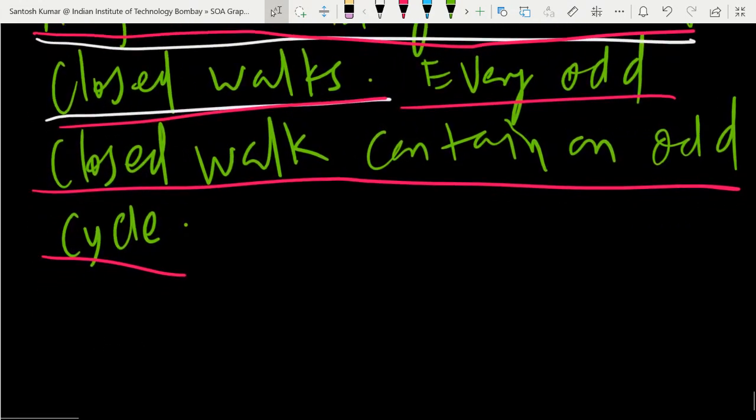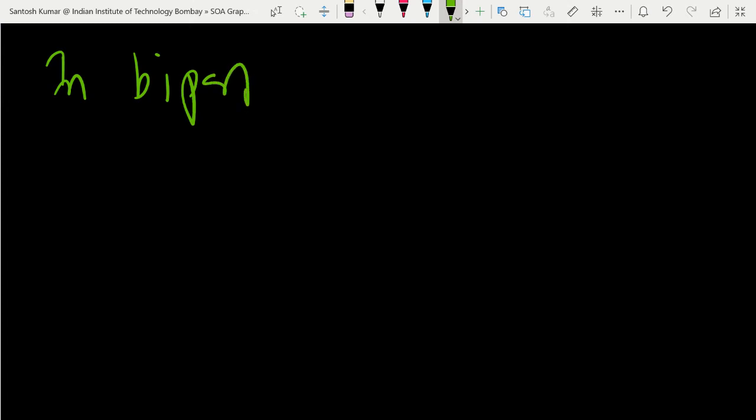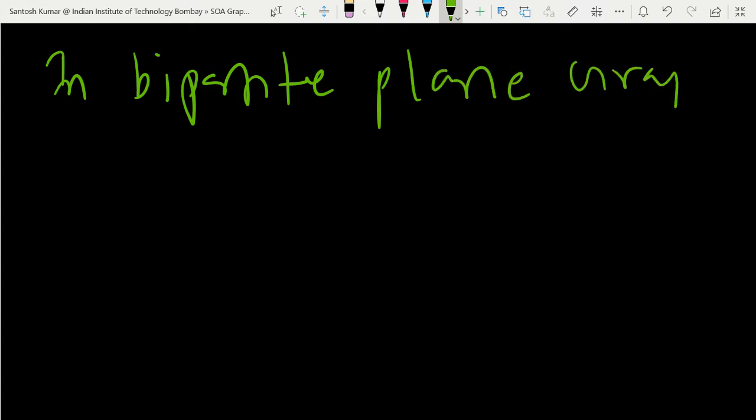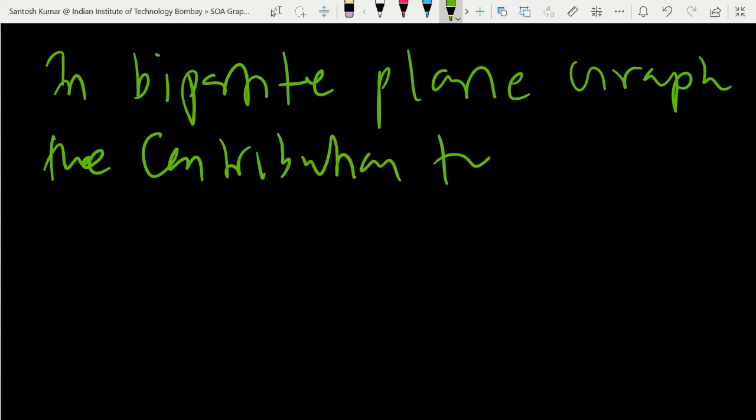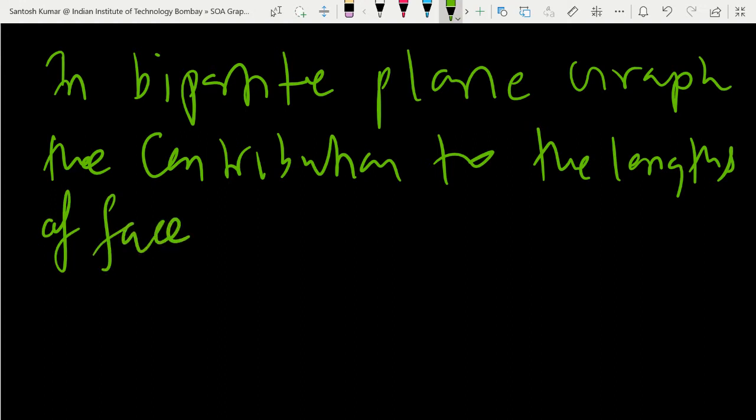And in a bipartite graph, what do you know? In a bipartite plane graph, the contributions to the length of a face are all even.